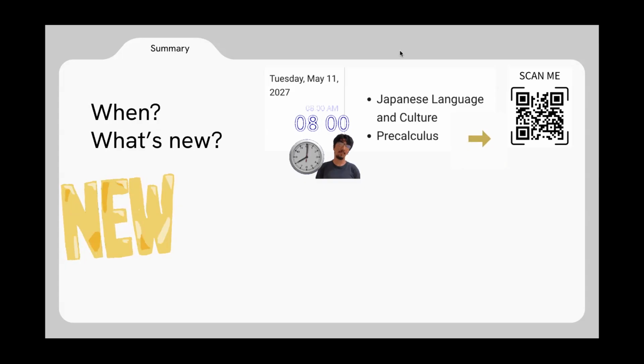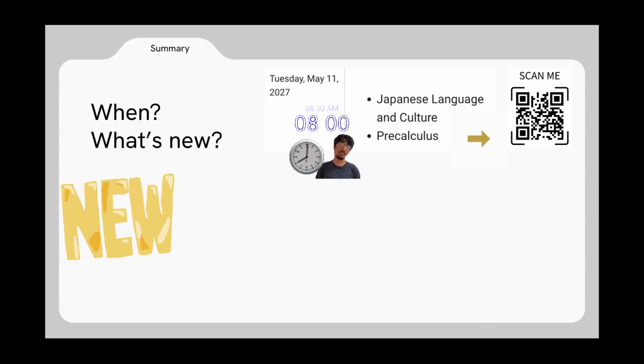On the College Board website it says Wednesday, May 12th, in the afternoon. Nope, they rescheduled it. It's going to be Tuesday, May 11, and our exam, Japanese Language and Culture, is scheduled at the same time as pre-cal.